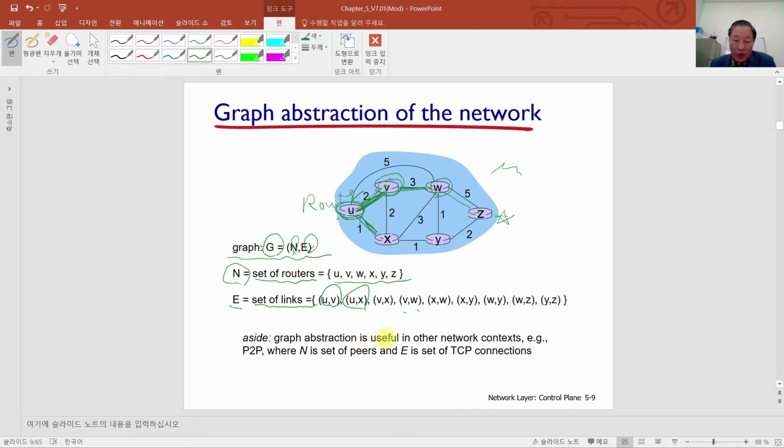Graph abstraction is useful in other network contexts because this is well developed by mathematicians. For example, P2P, where N is the set of peers and E is the set of TCP connections. We can apply this graph theory because that is well developed.